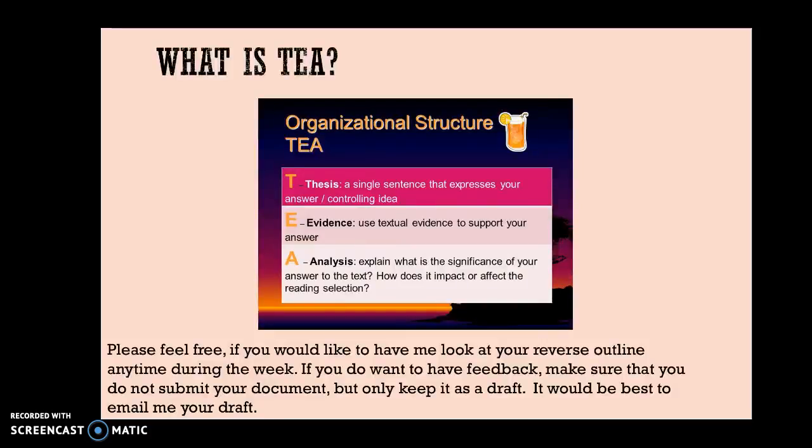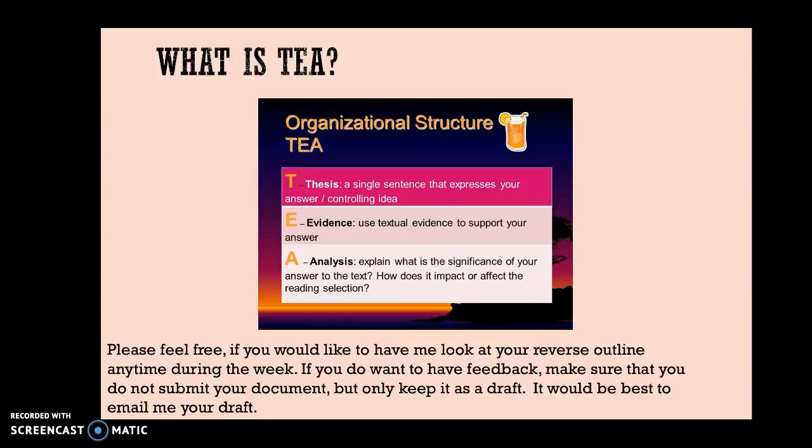So what is TEA? TEA stands for Thesis, Evidence, and Analysis. Thesis is a single sentence that expresses your answer or a controlling idea. I've also mentioned that a thesis is your stance on an issue, so think about that as well. E, evidence: use textual evidence to support your answer.